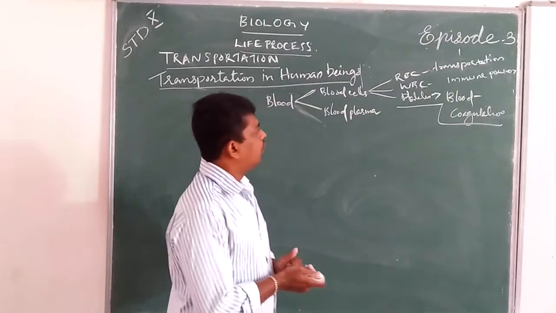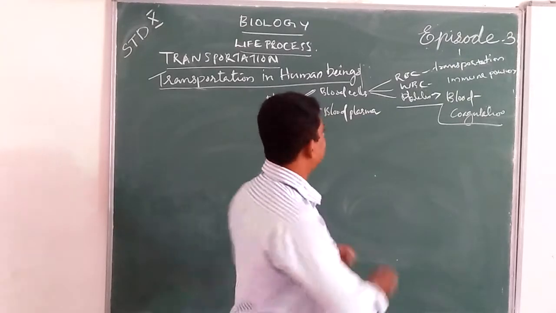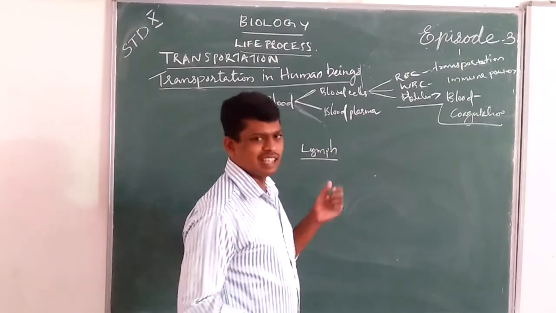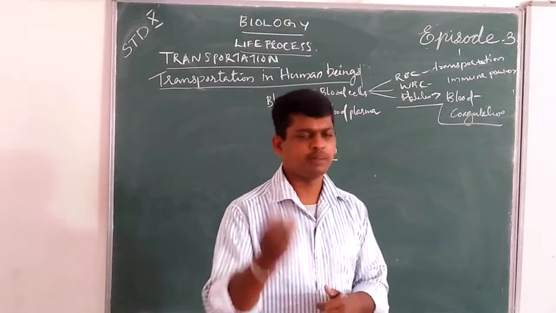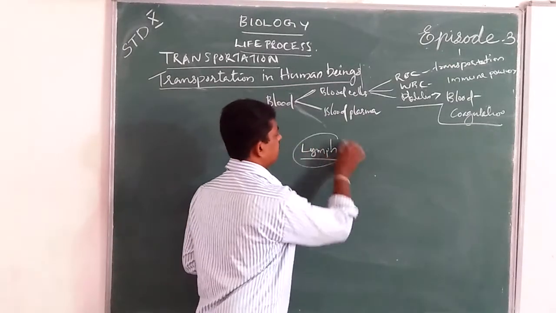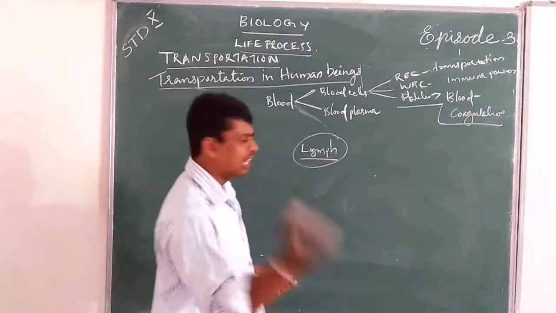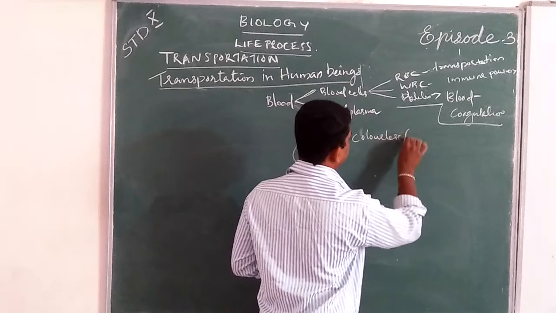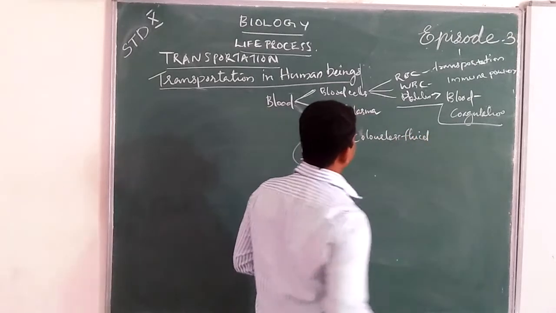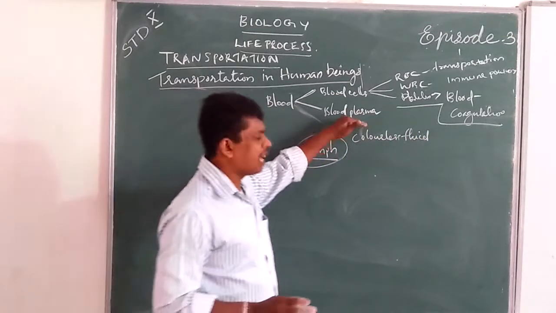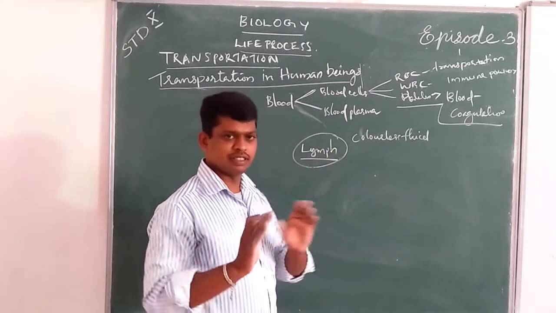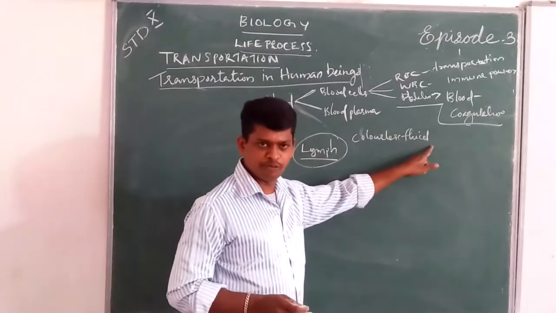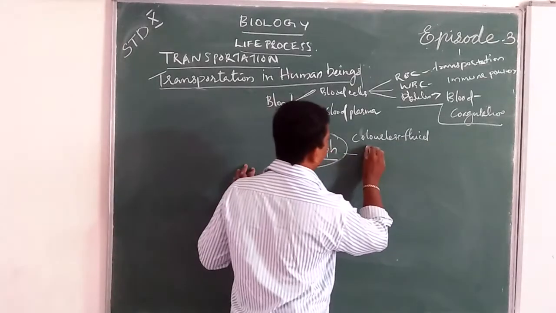Okay. Next is lymph. This is another fluid connective tissue. An example of fluid connective tissue is lymph. The lymph is a colorless fluid. Lymph and plasma are comparatively similar, but lymph is a colorless fluid containing more WBC.